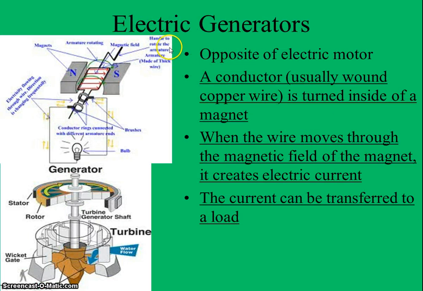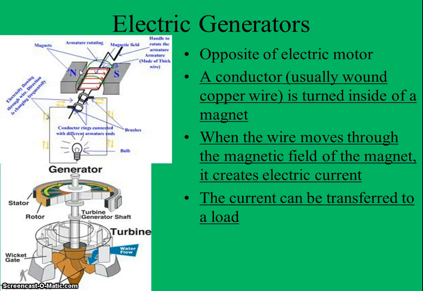Your electric generator is going to be the opposite of a motor, right? We're generating current rather than using it to make something turn. So you have some sort of a conductor, generally a wound up wire, and you turn it inside of a magnet. When the wire is moving through that magnetic field created by the magnet, it's going to cause the electrons to flow somewhat, and that is the definition of electric current.